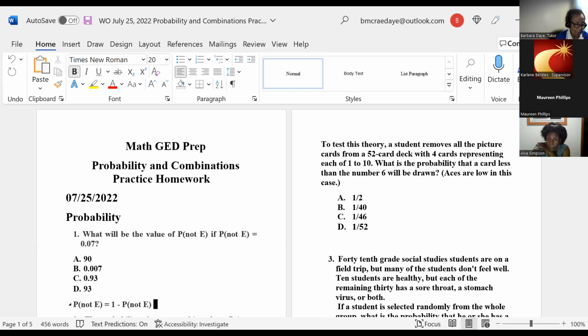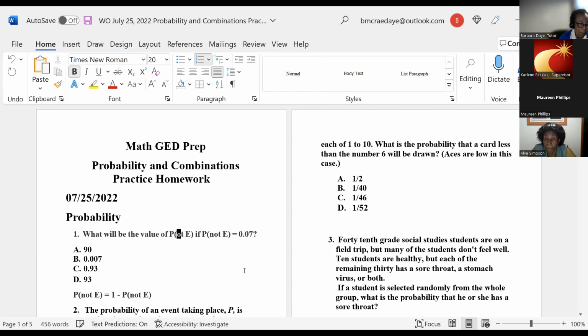Okay, Alva. So I think I worded this wrong. I can see why you got confused. This should have been, what is the value of P of E if P of not E? It should have both been not E. So actually, I won't even grade you on that one.